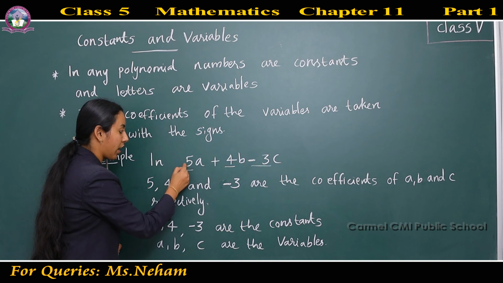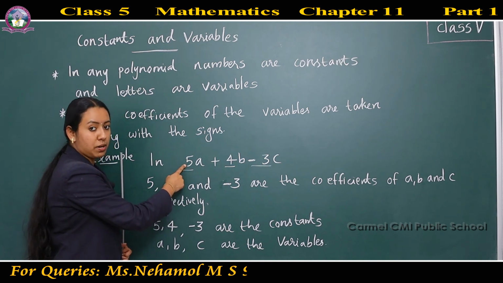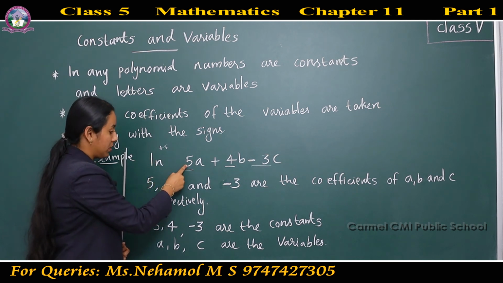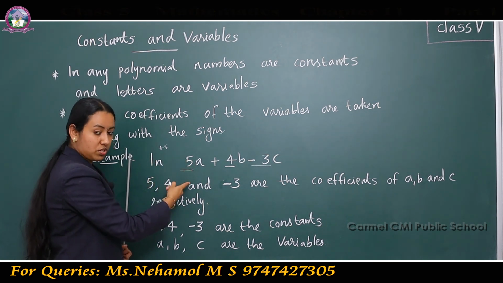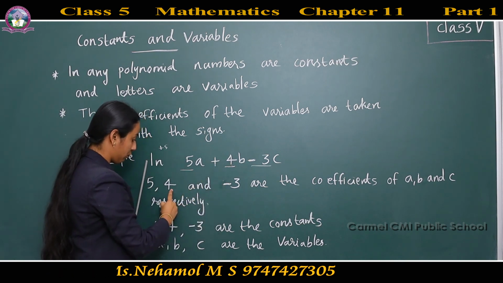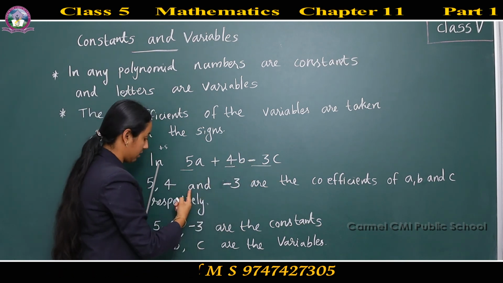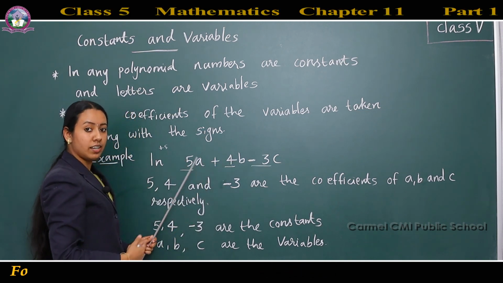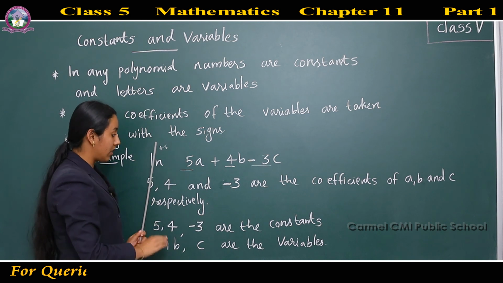Simply if we write 5, it means it is positive number 5 or plus 5. Then 4 also has a plus sign, so 4. Then minus 3, so minus 3. About positive numbers and negative numbers you will study in higher classes. Now you just understand this much only.